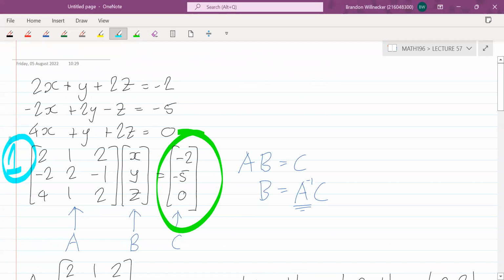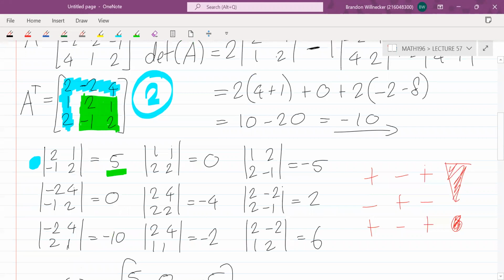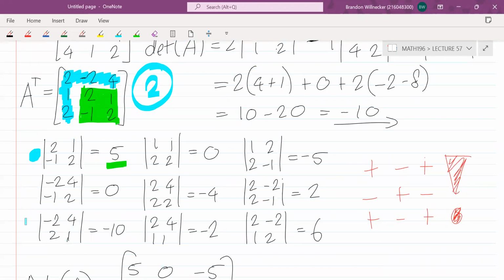So once you have your matrix equation, then you can identify your A, B, and C. Number 2, we want to find the transpose of your coefficient matrix, like that. Then, number 3, you want to find these 9 entries. This is called the cofactor matrix, but you don't need to worry about the name. Remember, these are just all the subdeterminants. So that's number 3.